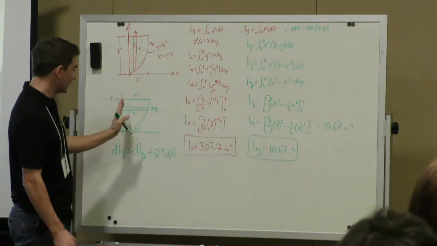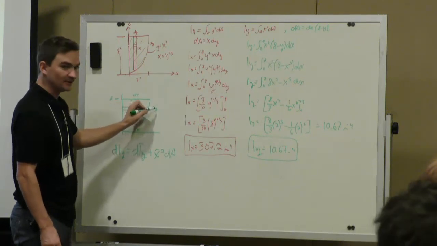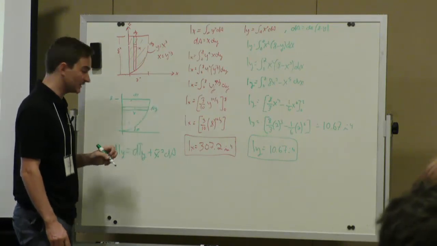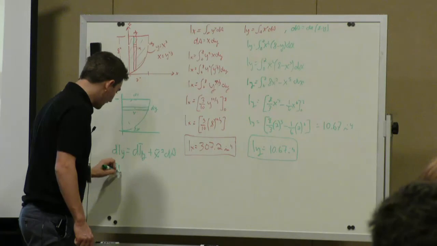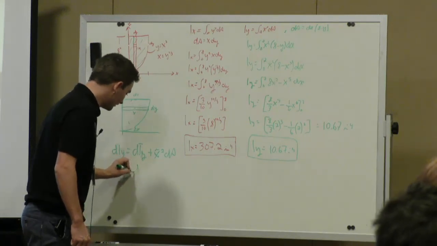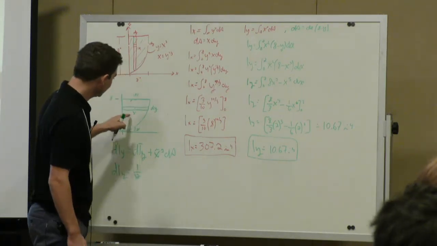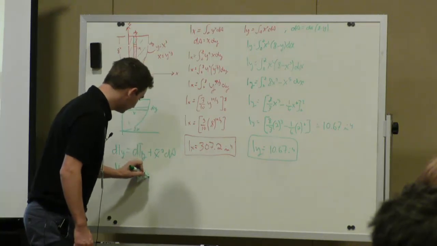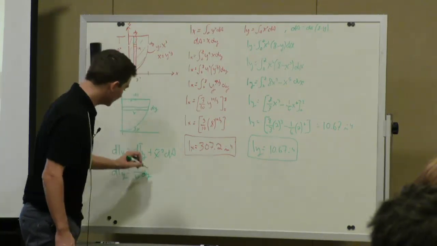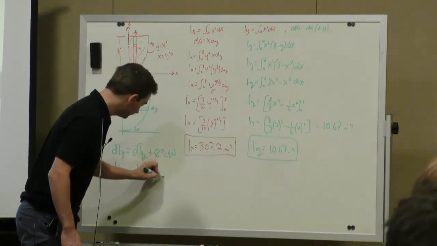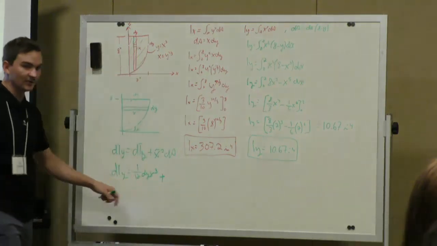If you took it about the x-axis, your height would be dy, and your base would be the opposite. So dIy would look something like 1/12 base, which is dy, times your height cubed, which is x cubed. That's the first part of it.